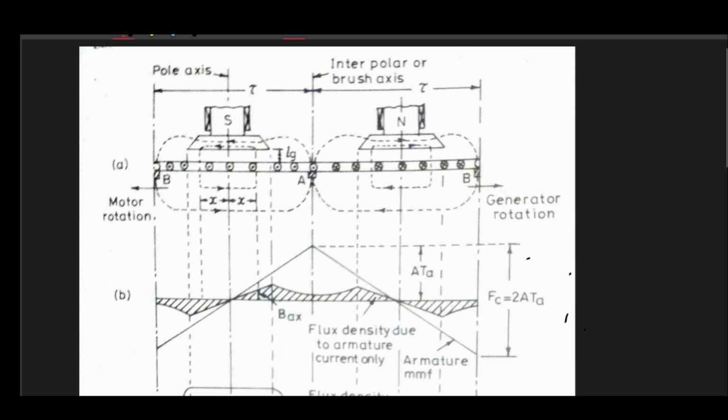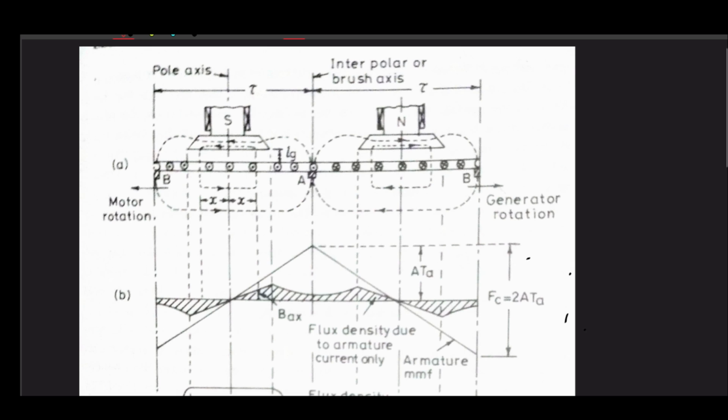Like obviously you are doing a surface development, like your armature was like this, sorry, and you just cut it here, and then from that you develop a straight surface. This is known as surface development.